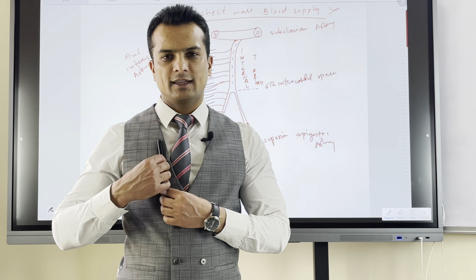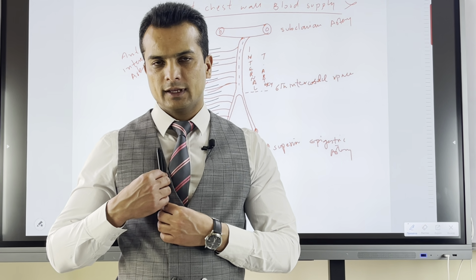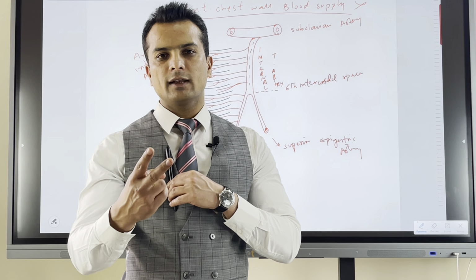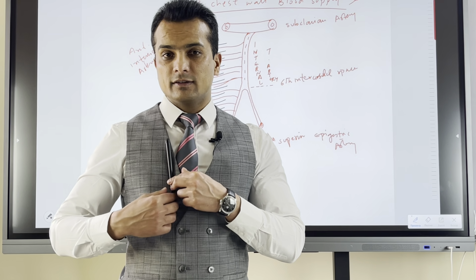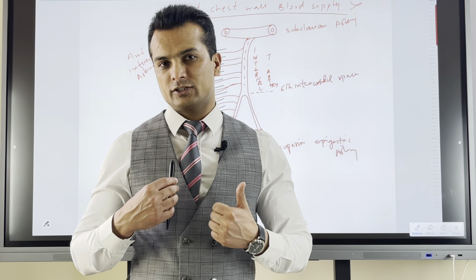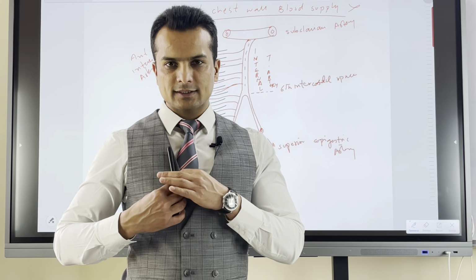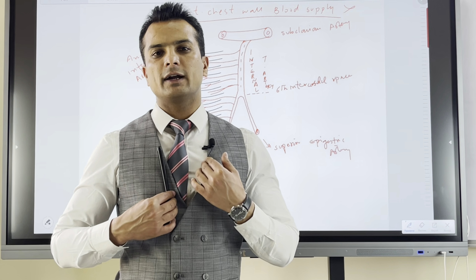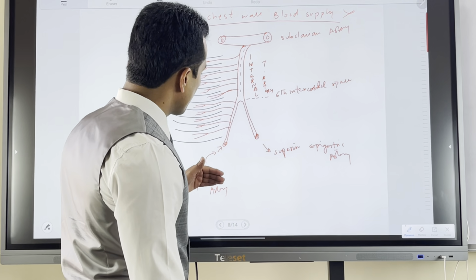It descends just behind the first 6 costal cartilages, and it ultimately terminates into two terminal branches at the level of the 6th costal cartilage: one is the musculophrenic, the second is the superior epigastric artery. The internal thoracic artery lies just 1 centimeter, 1 finger breadth lateral to the body of the sternum.